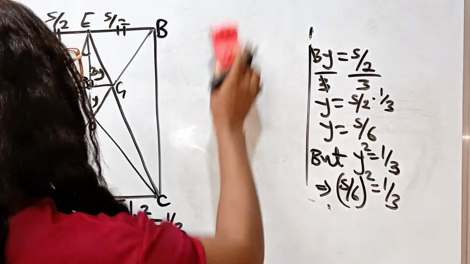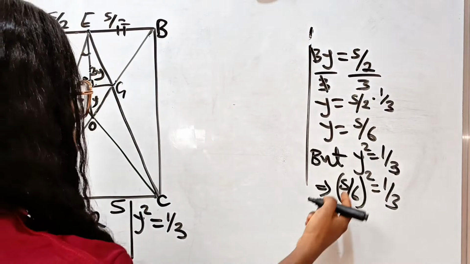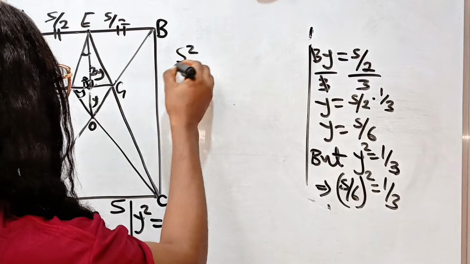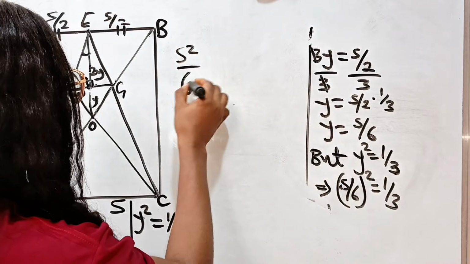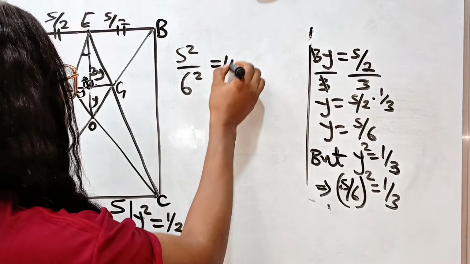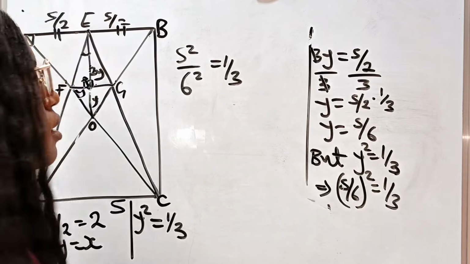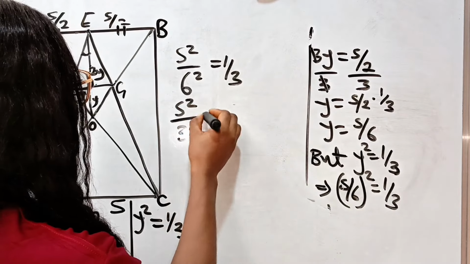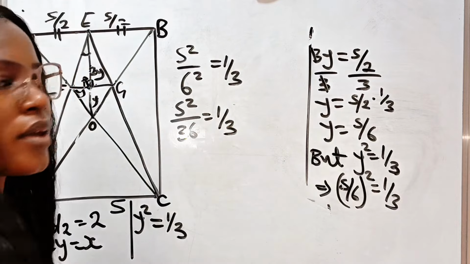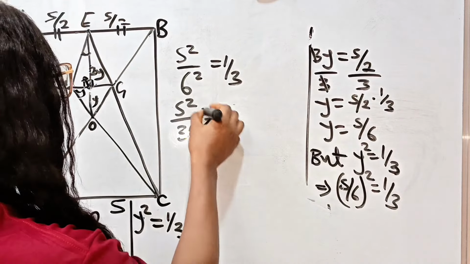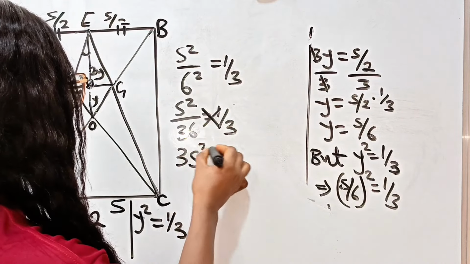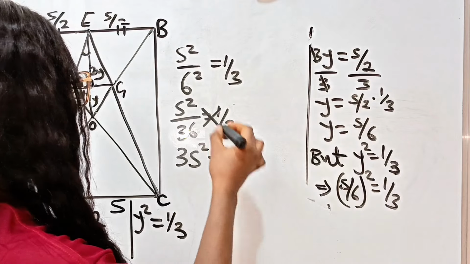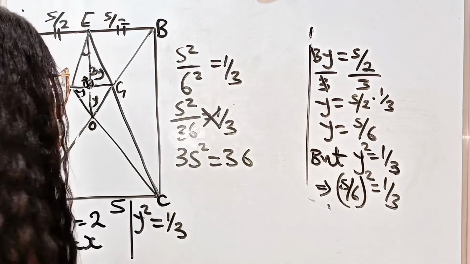We are almost there. So S squared over 6 squared is equal to 1 over 3. So we have S squared over 36 is equal to 1 over 3. So if we cross multiply, we have 3S squared is equal to 36.